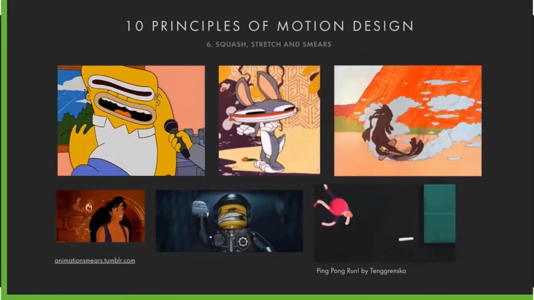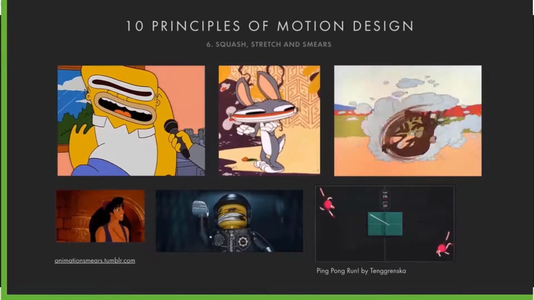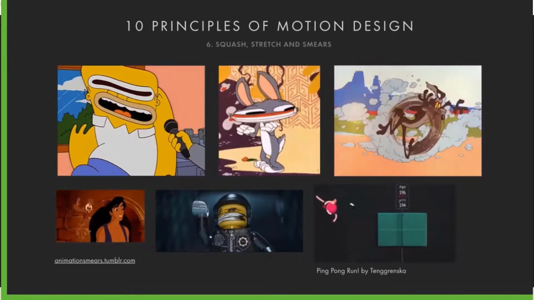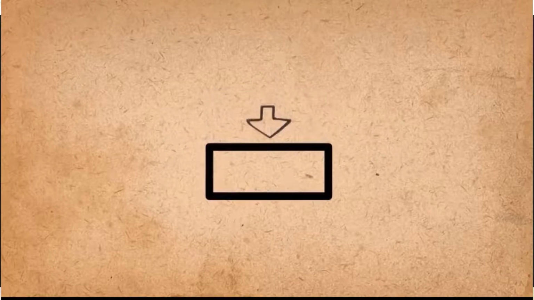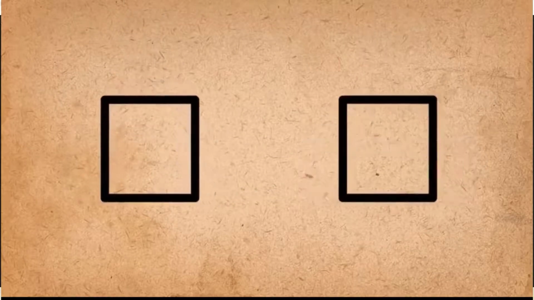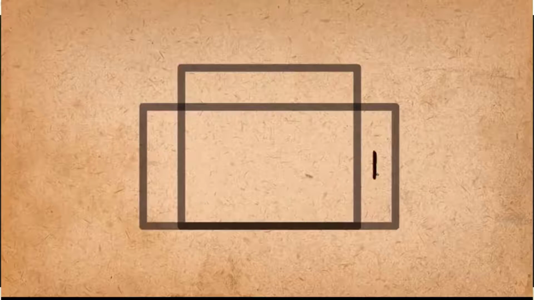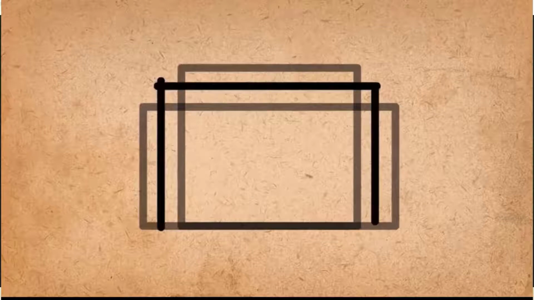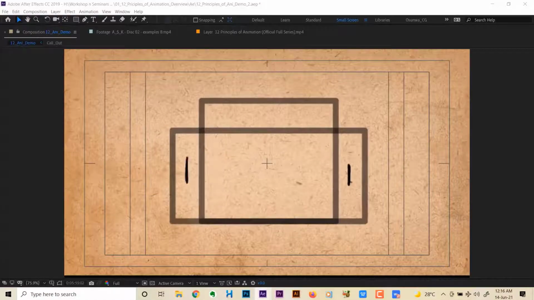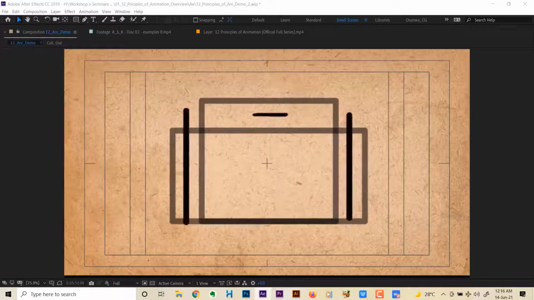A good thing to note is that while observing the principle of squash and stretch, you don't just squash or stretch things anyhow. There is a principle that it must maintain its volume over time. For instance, let's take this square. Once it squashes, it will maintain its volume over time. Here you find this is a stretching.